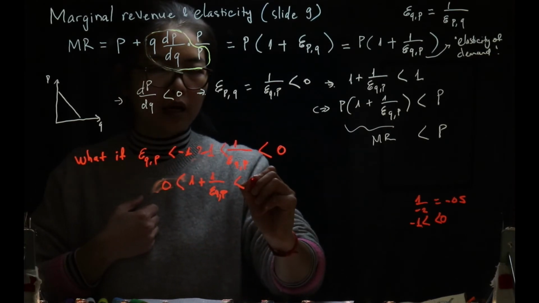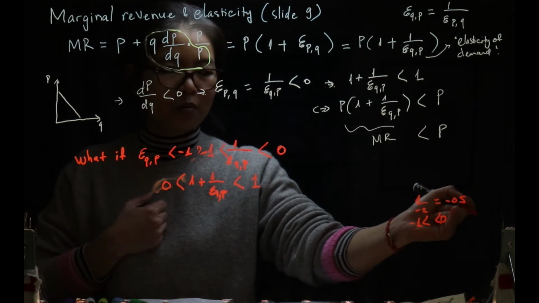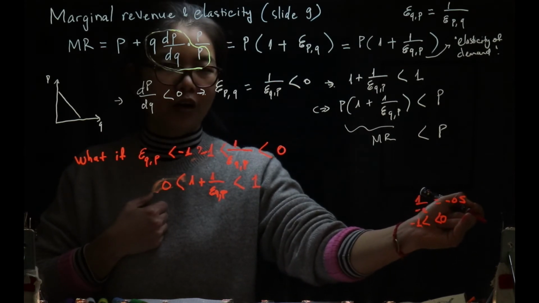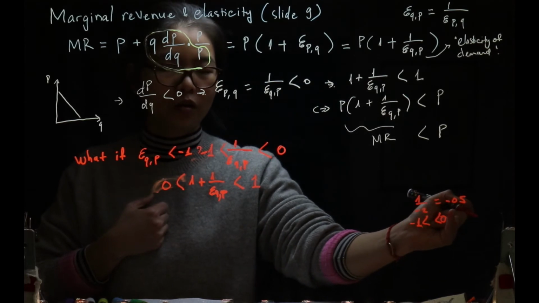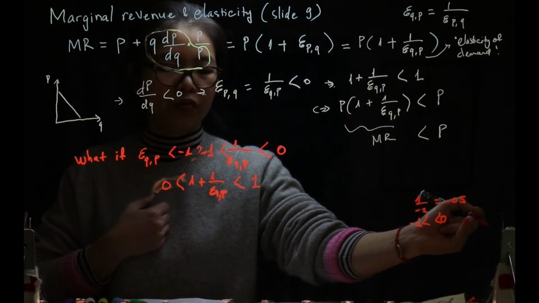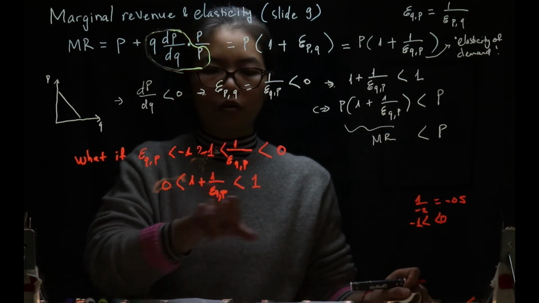But smaller than 1. For example, 1 plus -0.5 is 0.5, right? So it will fall in between the range of 0 and 1.